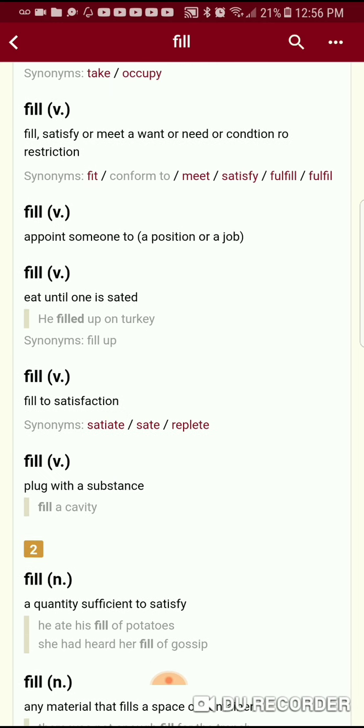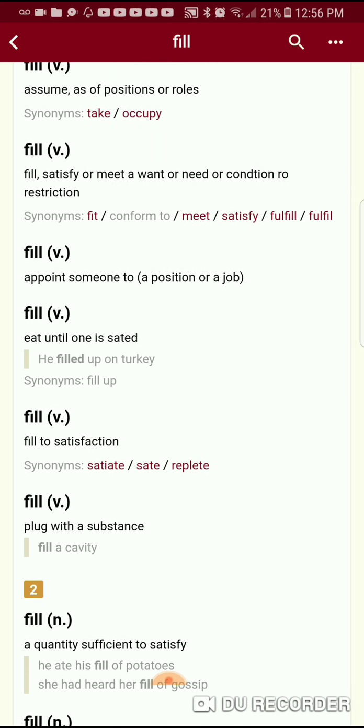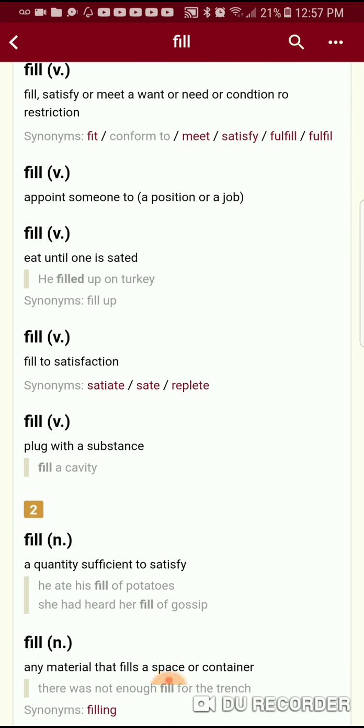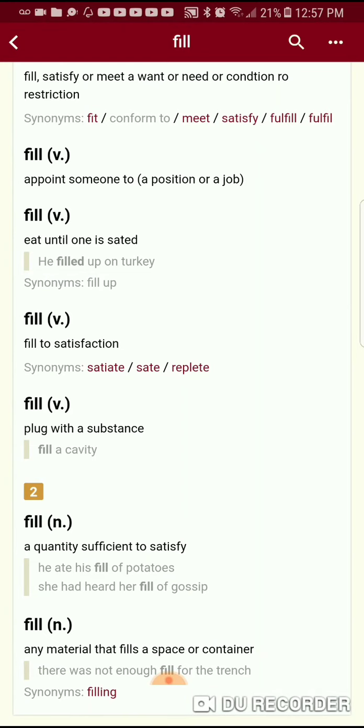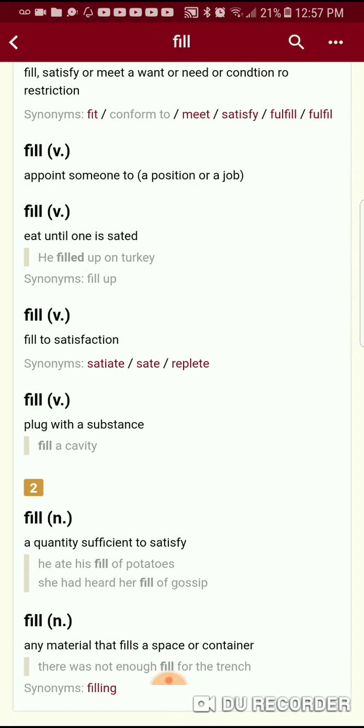Again, now you're dead by law because you're using terms that mean dead, something that is obsolete or something that is on the ground or stagnant or packed in place. Fill, satisfy, or meet a want or need. See, because God thought that this was good when this was going on. Or condition to restrict.